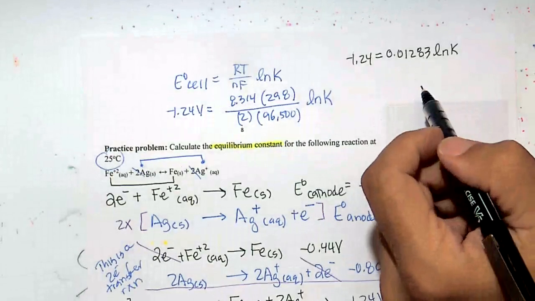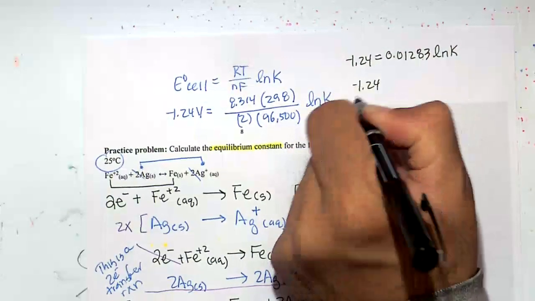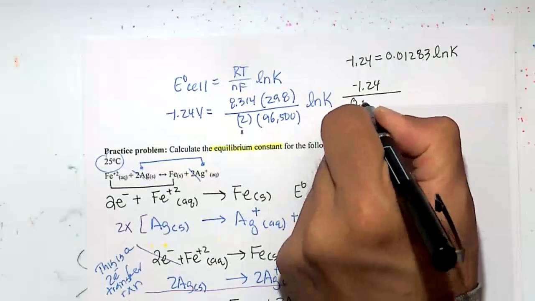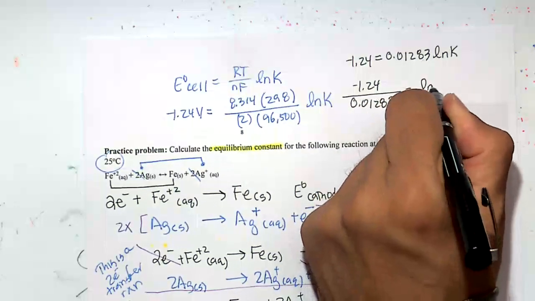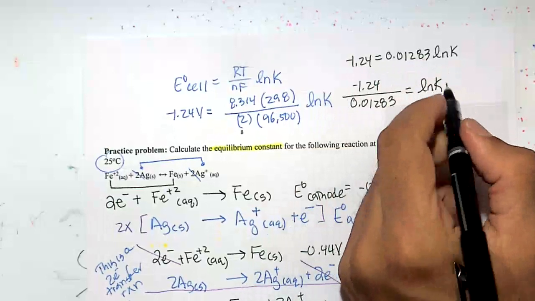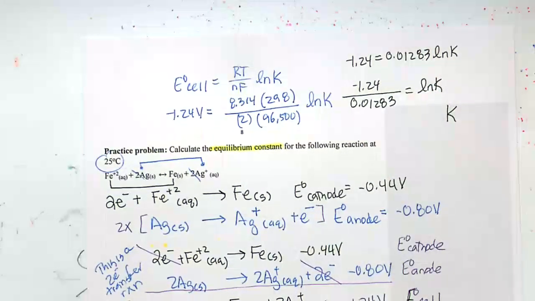Times natural log of K. All right, so then minus 1.24 divided by 0.01283 equals natural log of K. So how will we get K? We will do the inverse natural log of that.